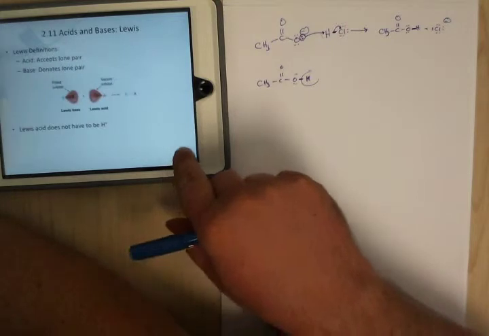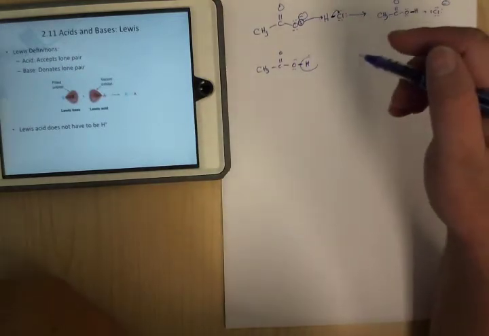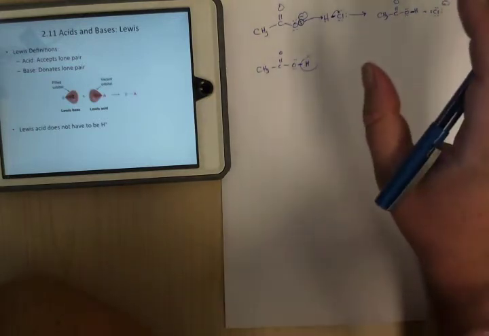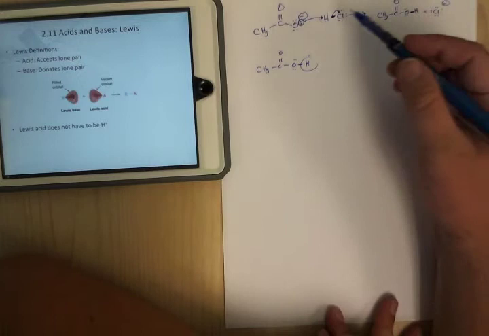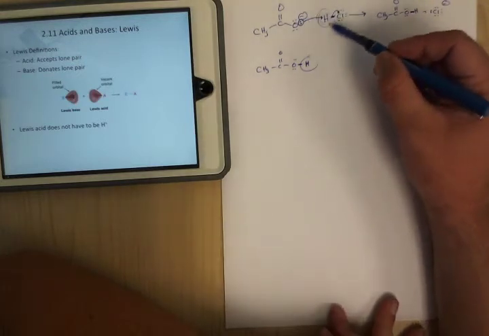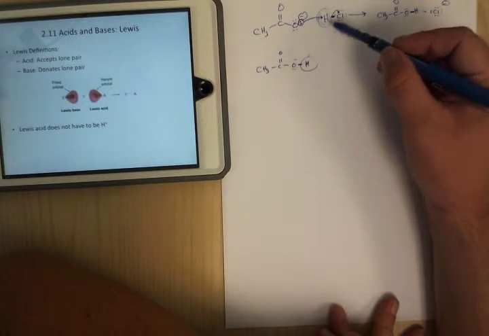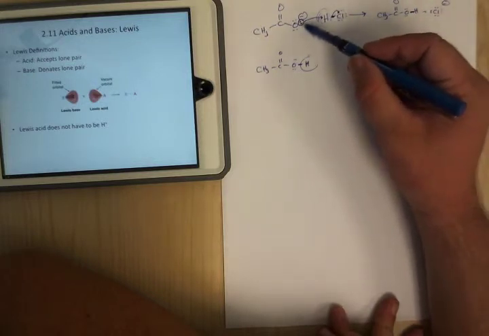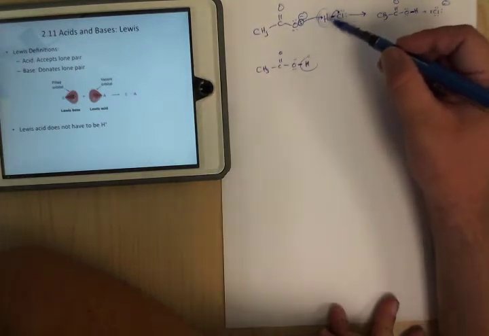Now, Gilbert Lewis came along and said, let's make this a little more general. Instead of just saying hydrogens, let's just say these lone pair electrons are going to attack something that needs lone pairs.